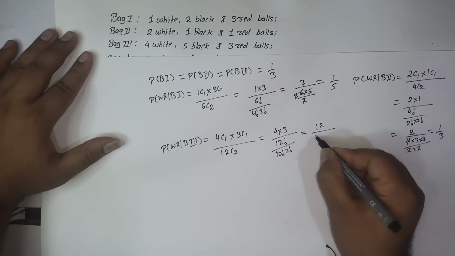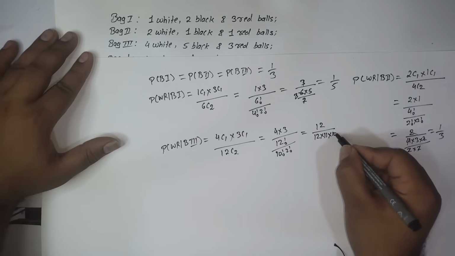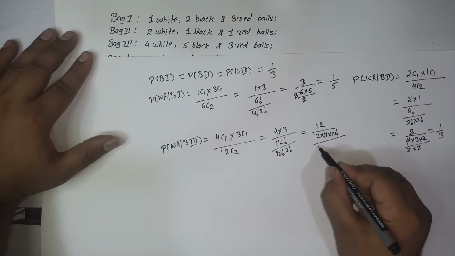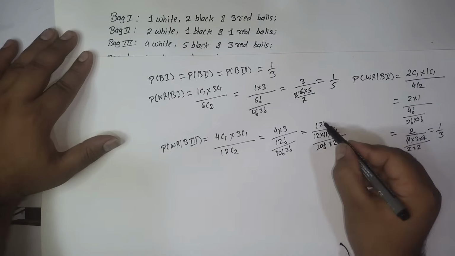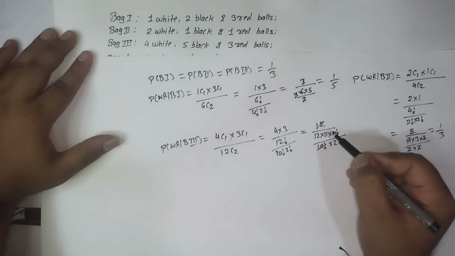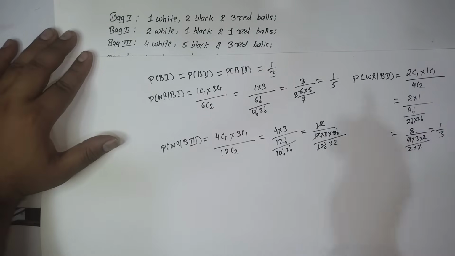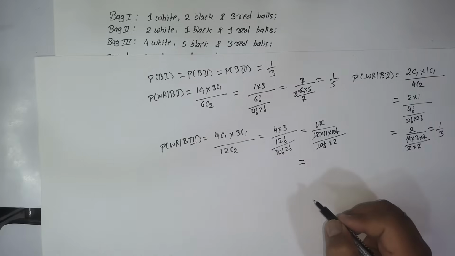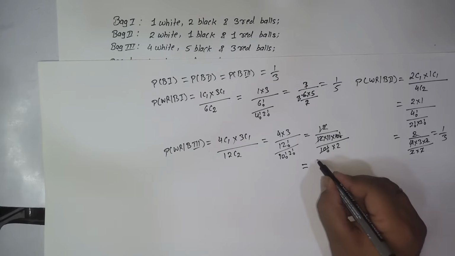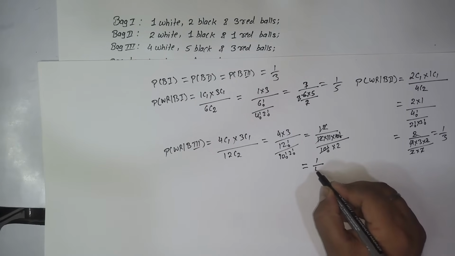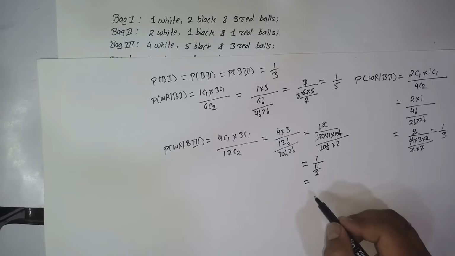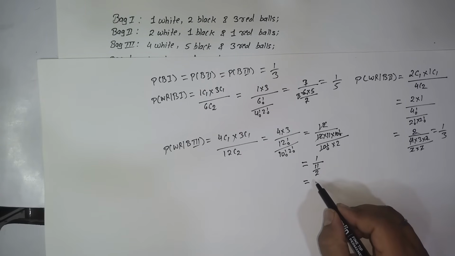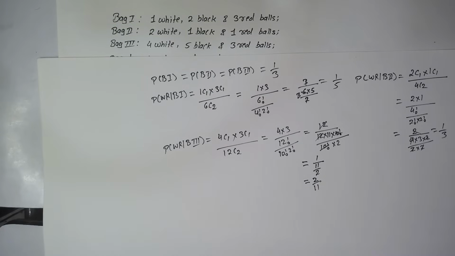So it is like 12 into 11 into 10 factorial divided by 10 factorial into 2. So that is 2 by 11.